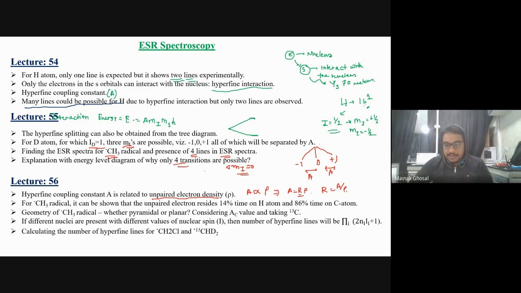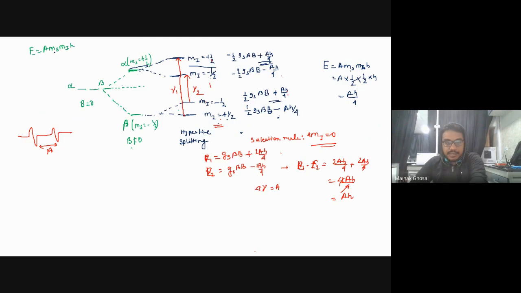Now for the methyl radical, going to the next page. For the CH3 radical, A equals 0.05 Tesla. Sorry, I'm just putting the value for hydrogen. So A is 23 millitesla, which I can write in terms of Tesla as 23 into 10 to the minus 3.